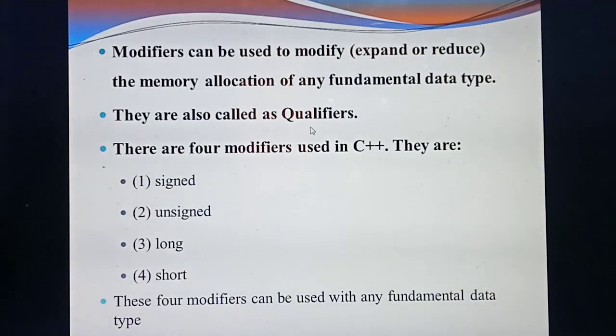These 4 modifiers can be used along with fundamental data types. We have already studied the fundamental data types: int, character, float and double. Along with these fundamental data types, you are going to use these 4 modifiers, that means signed int, unsigned character, long float, short character.